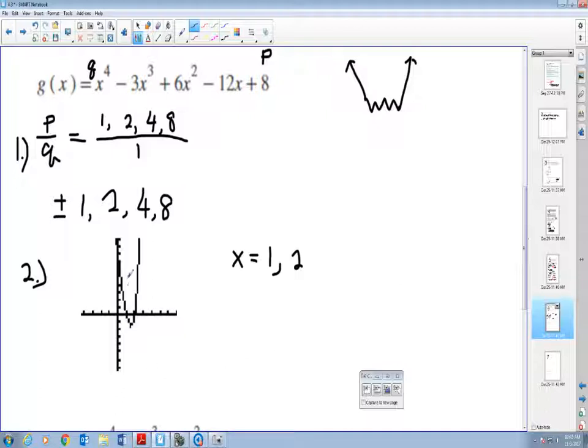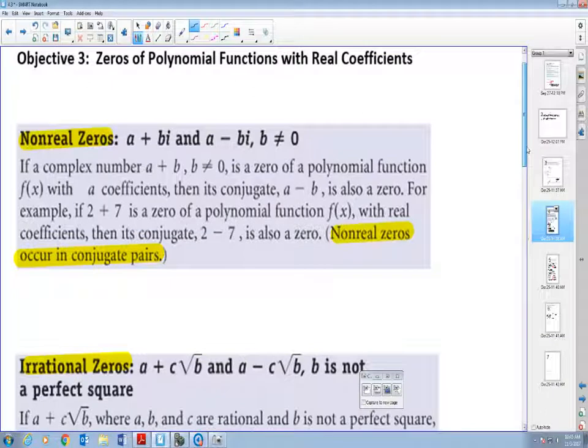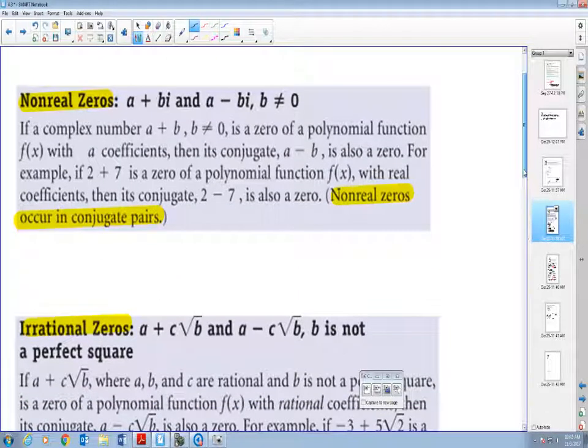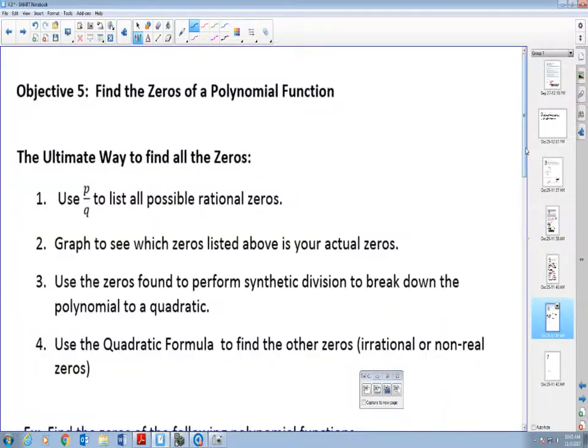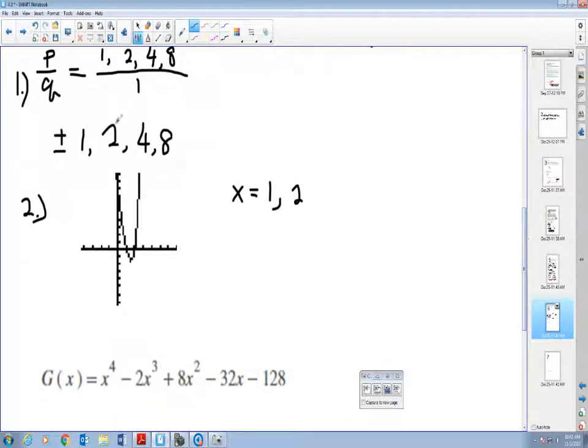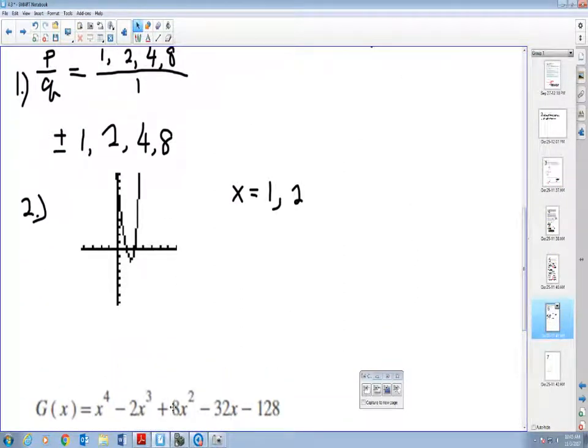The other 2 missing zeros are not showing up on the graphing calculator. So that means those 2 have got to be the non-real zeros, because the non-real zeros come in conjugate pairs. So I kind of know that already before I even continue.